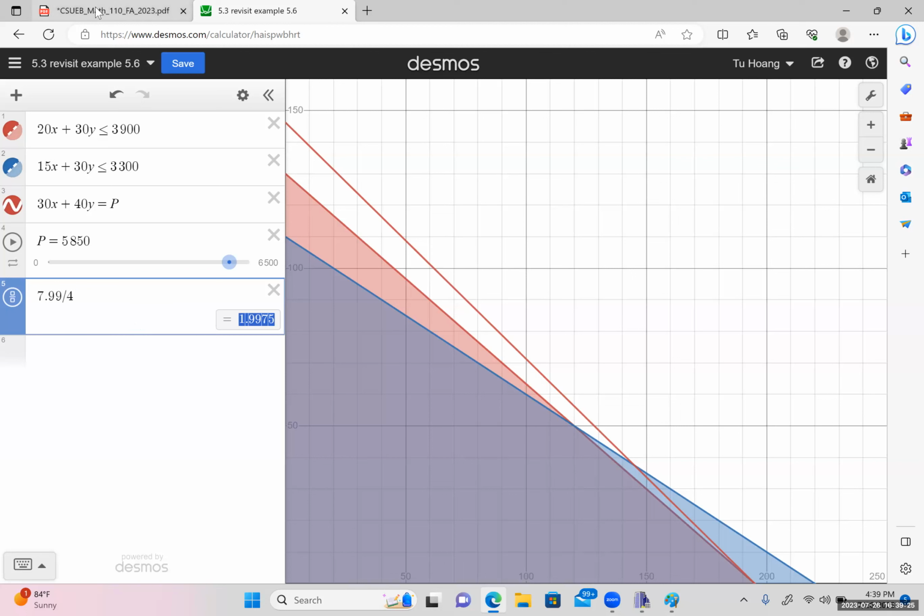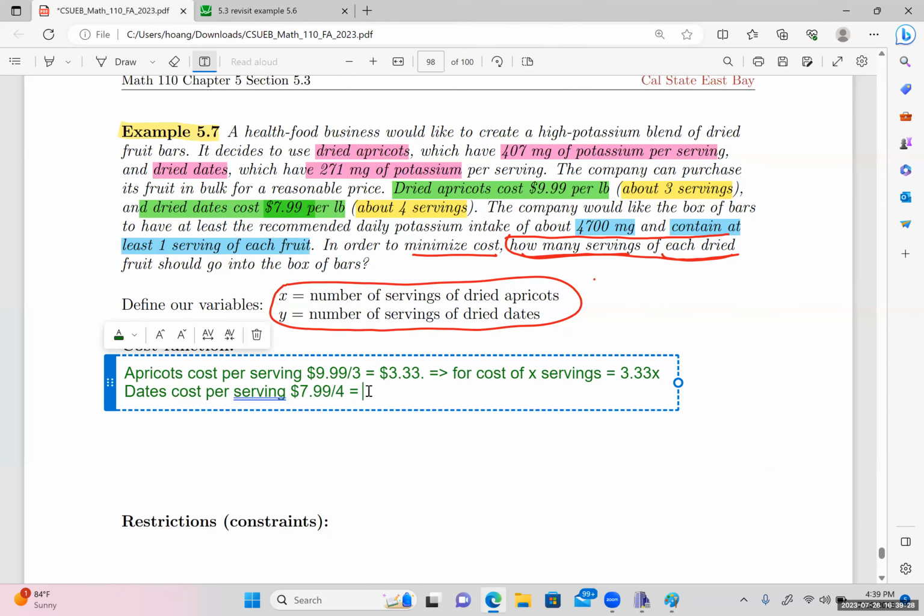Okay, let's just round it out. So I'm going to do $2 for each serving. That means for the cost of how many servings per day do I have? y, right? The cost of y servings will be equal to 2y. Okay, and now I'm going to change this color to blue.